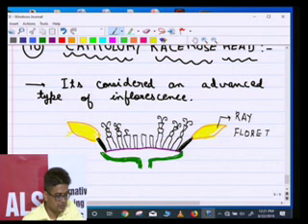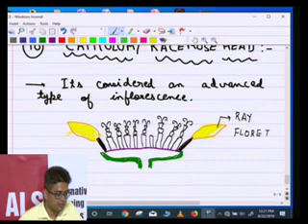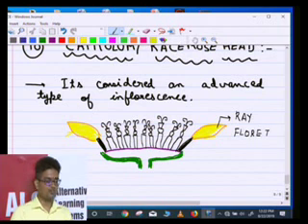Now this coiled portion that I am drawing here represents the stigma. Each flower has a separate stigma, and you can see the stigma by the naked eye. Nothing else is needed. You will understand it once you take a flower.